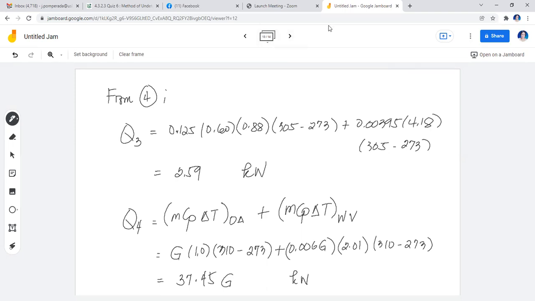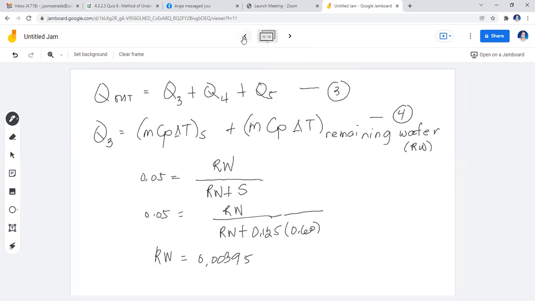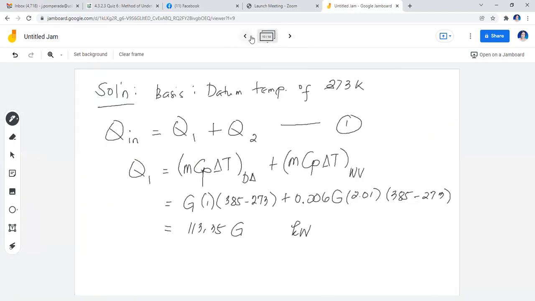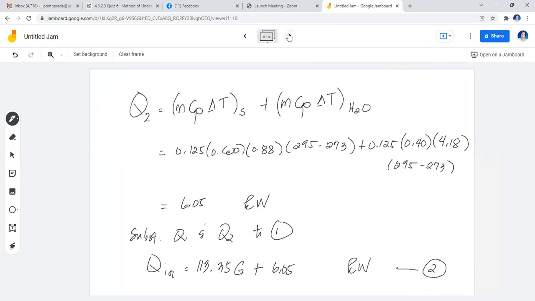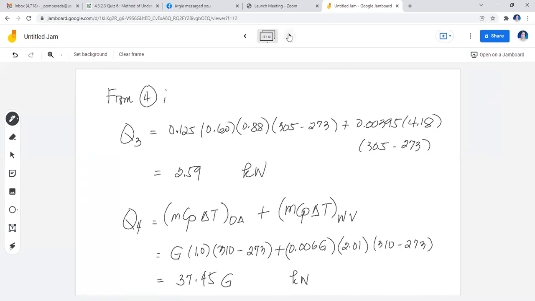But again, it's not a separate stream, class. I just presented it here as a separate stream, so you'll be able to account for it. But actually, this water evaporated goes with your air here that leaves the dryer, but we will just account its energy separately.